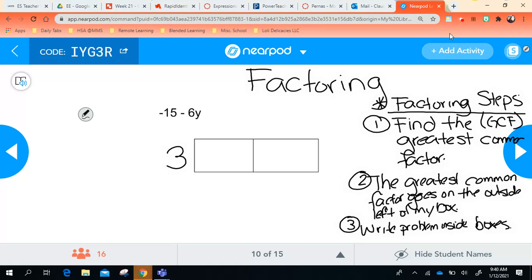Sorry, I know my sideways writing sucks. What I mean by that is I have negative 15 minus 6y.